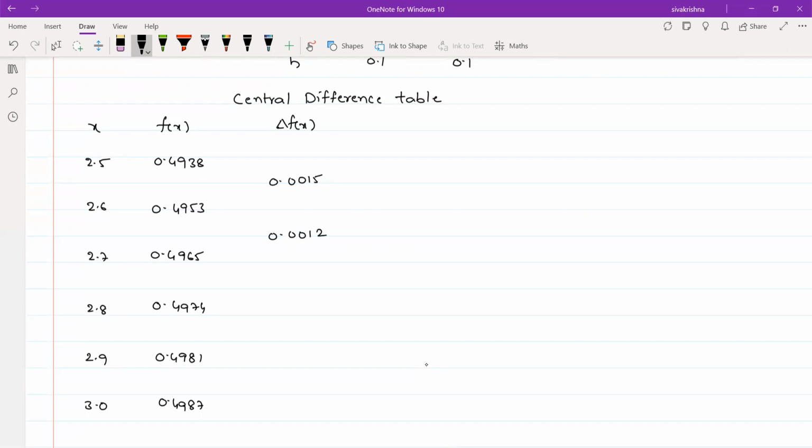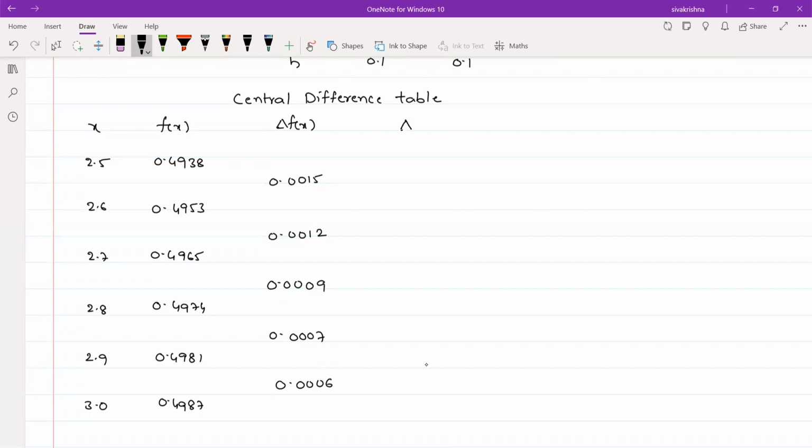Next, coming to the next difference, 0.4974 minus 0.4965 gives 0.0009. And coming to the next difference, subtracting 0.4981 minus 0.4974 gives 0.0007. So coming to the last one, that is 0.0006. Okay, these are the first differences.